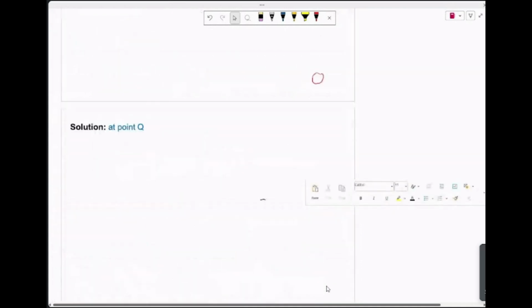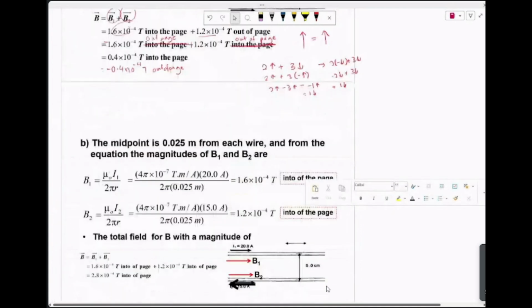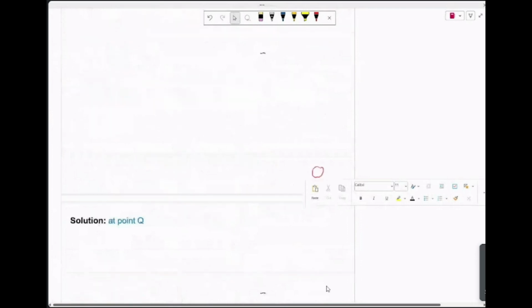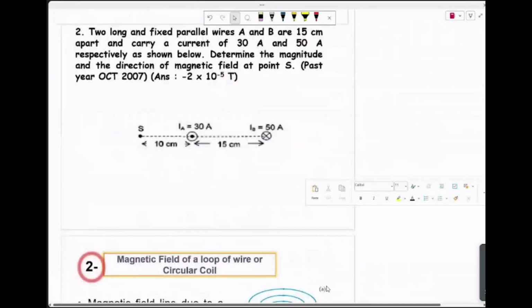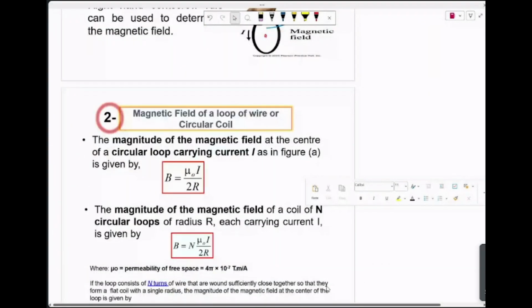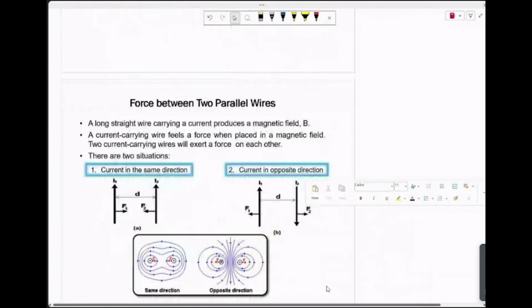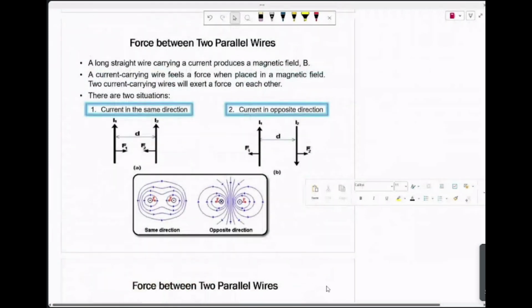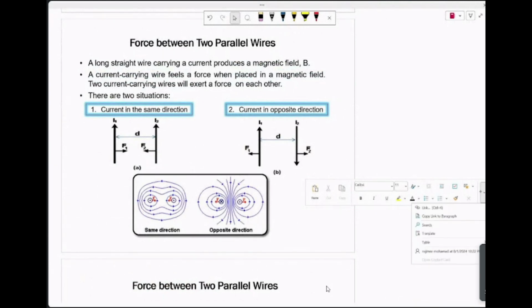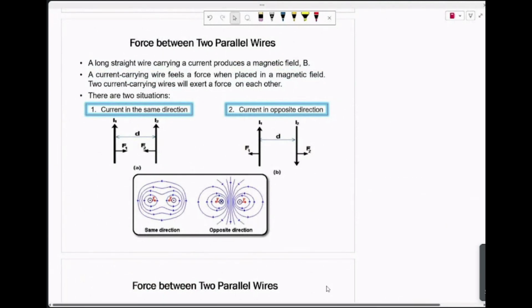Okay, I think I skipped. Oh yeah, this is Magnetism. Okay, this is done. I forgot where I stopped. Okay, here it is.